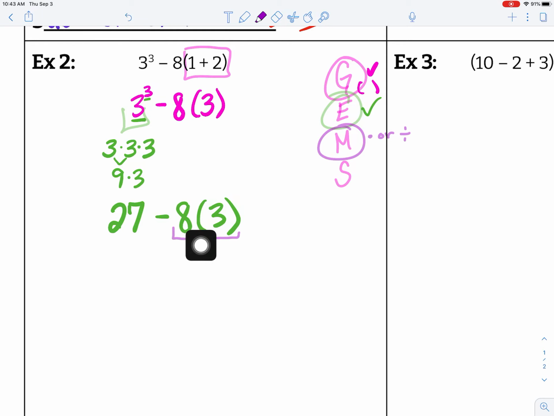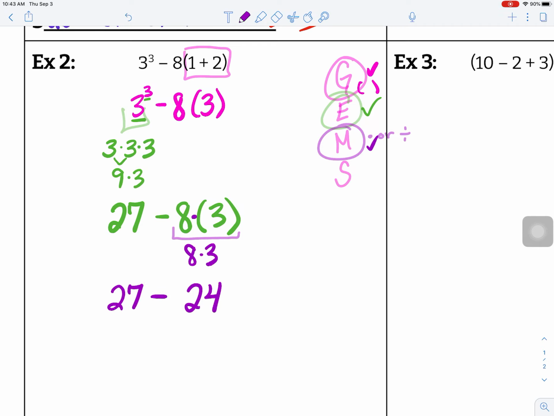I see this 8 touching the outside of this parentheses. That means that those two things are being multiplied. So if I wanted to, I could write this as 8 times 3 without the parentheses. Math people just decided that a parentheses shows multiplication like that. So do I have multiplication? You betcha. 8 times 3 would be 24.